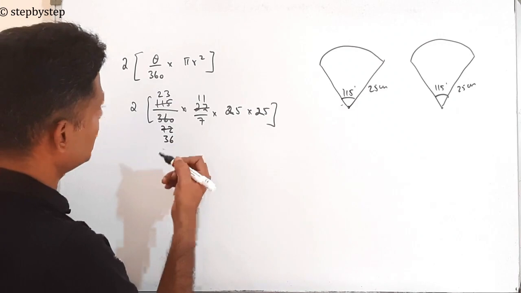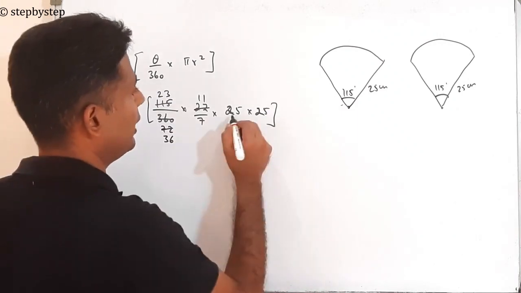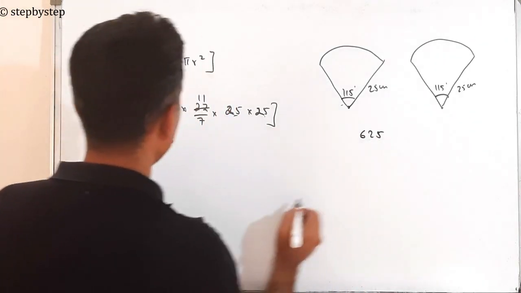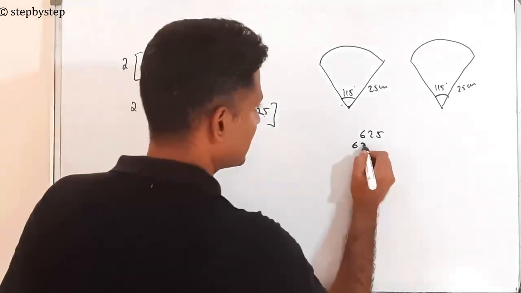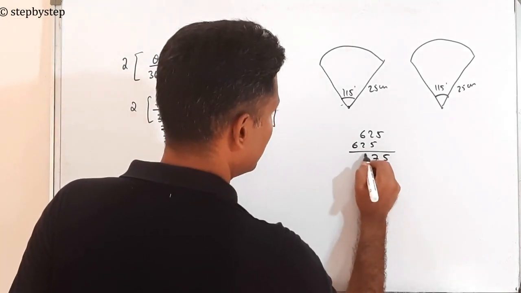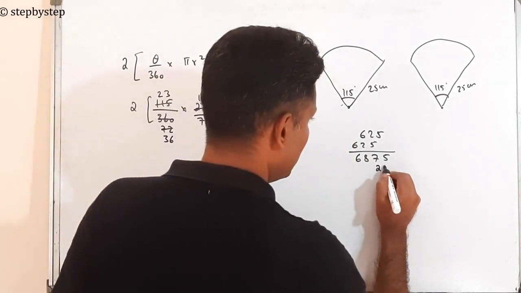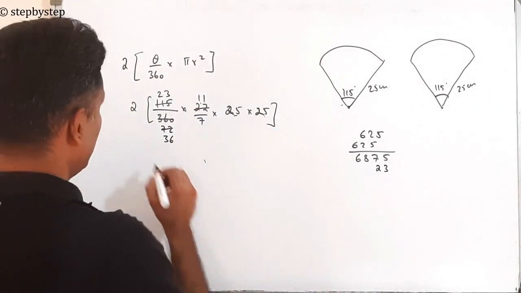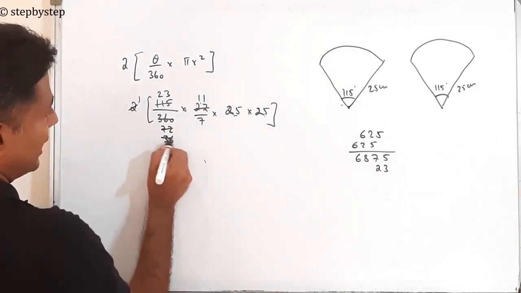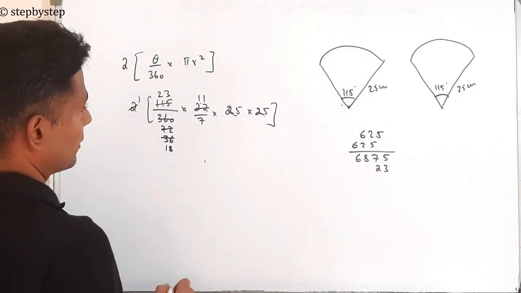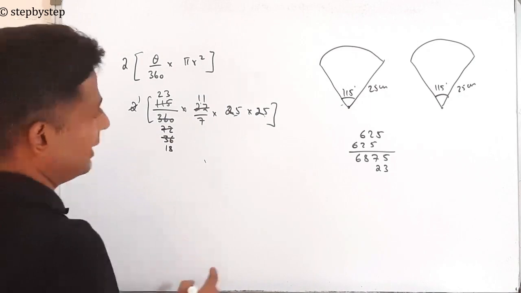No. So this is all about calculation. So 25 into 25, 625 into 11, that is 6875. Now 6875 into 23, right? And here we can cancel 2 ones are 18s are. That is the best we can do.